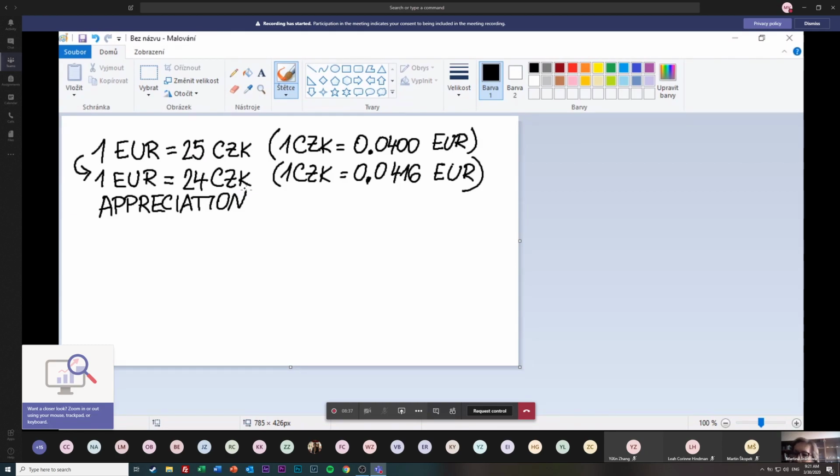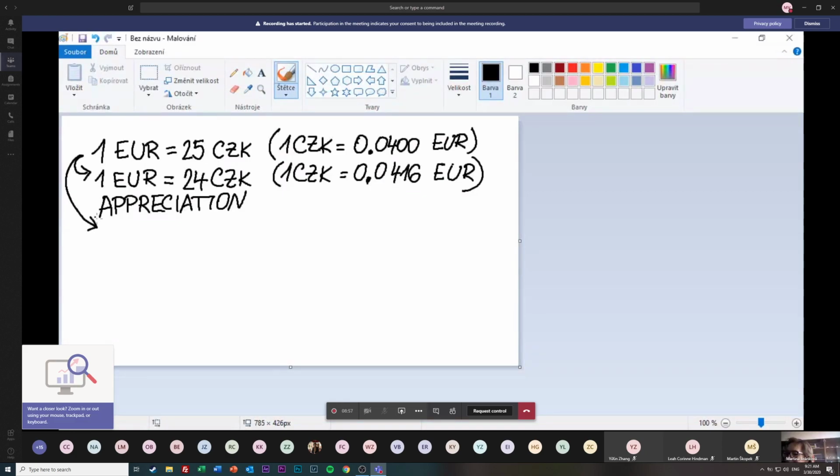You must pay more for 1 Czech crown. So now the Czech crown is more expensive. The Czech crown appreciated.